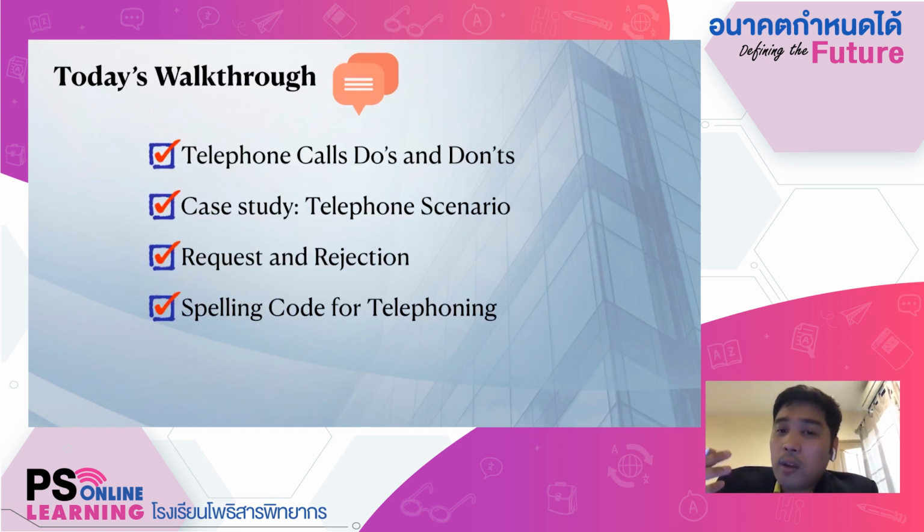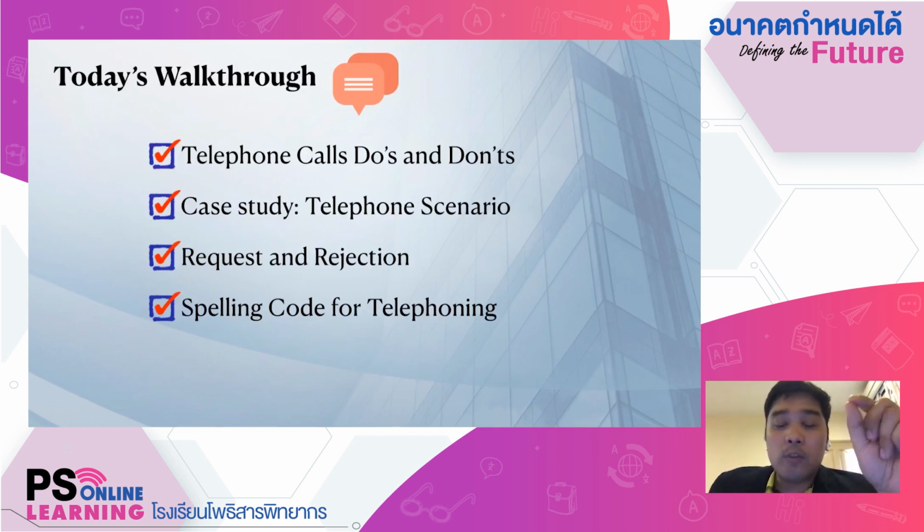A spelling code for telephoning is very essential for telephone calls, because in order to spell out your name and important words, you will need to spell them out with codes. There are many different letters and words which you need to spell out, because you may hear a very similar sound.